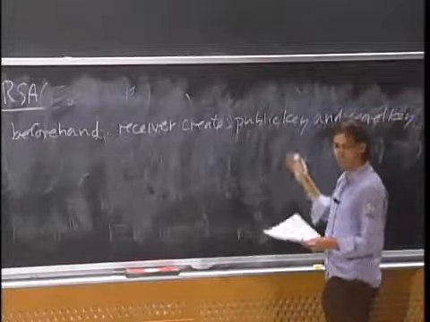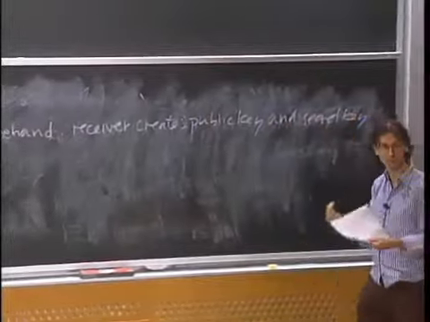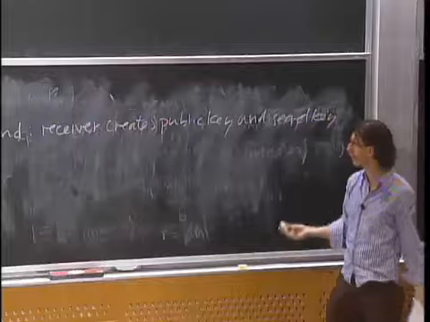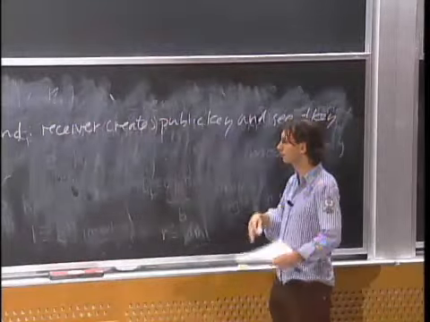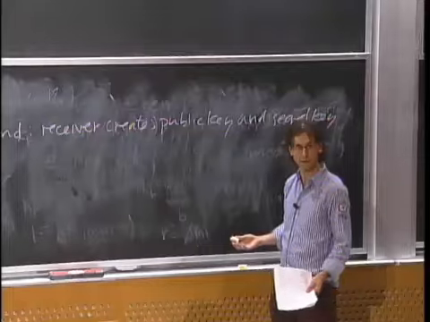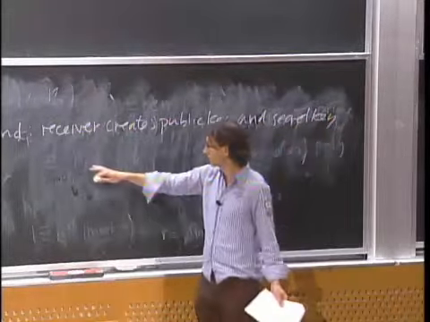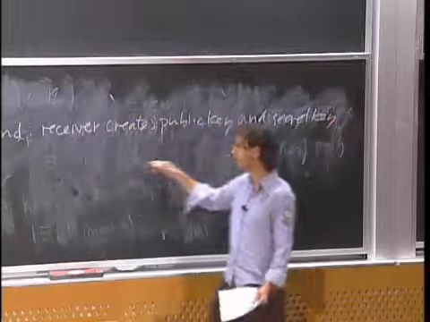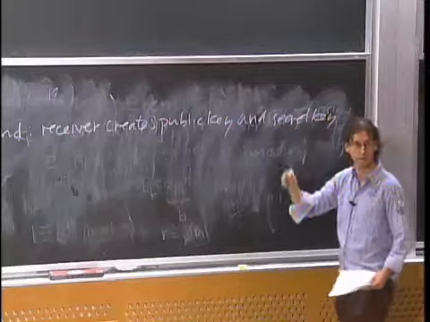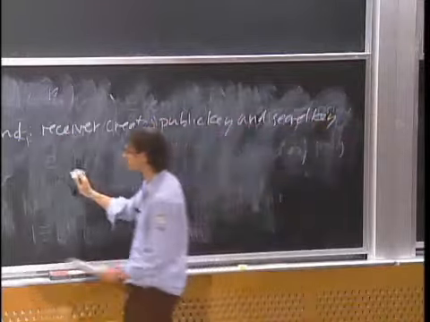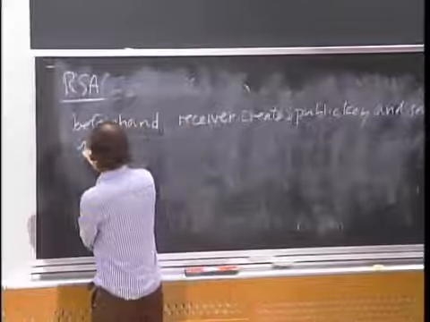He will publish the public key and he will keep the secret key for himself. And now anybody can use the public key to encrypt a message. The encrypted message is sent to the receiver, and he is going to use his secret key to get back to the plain message.